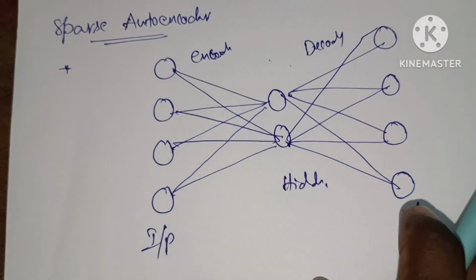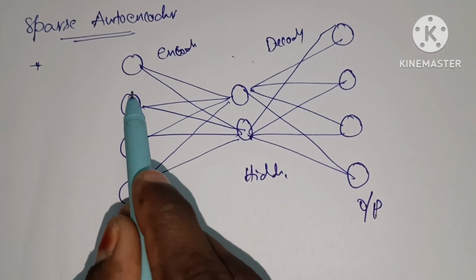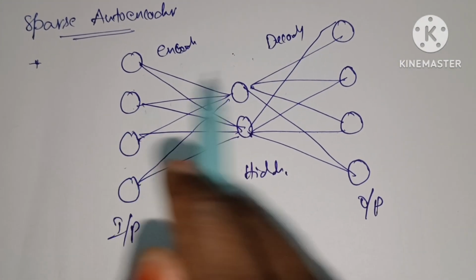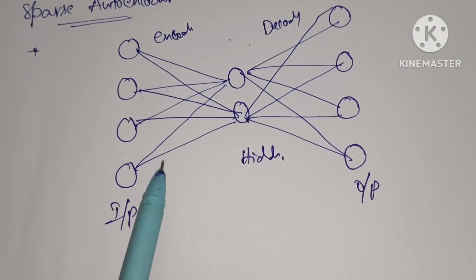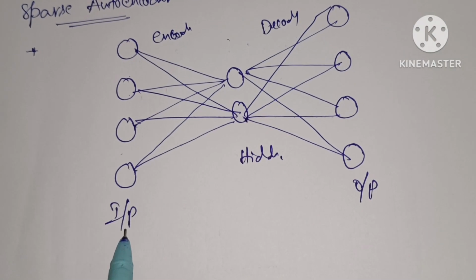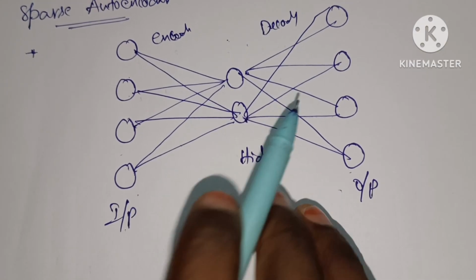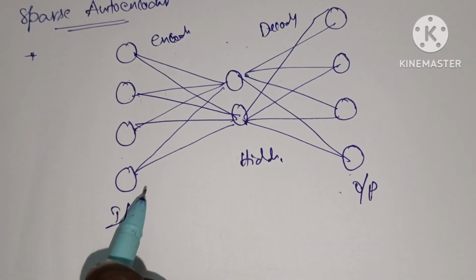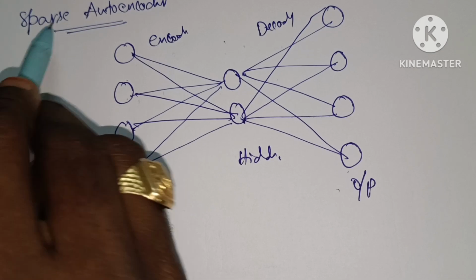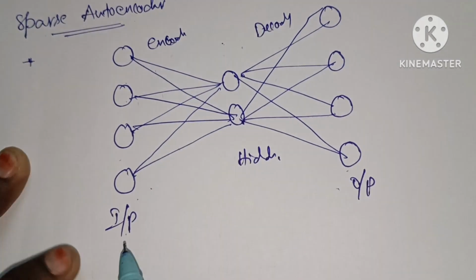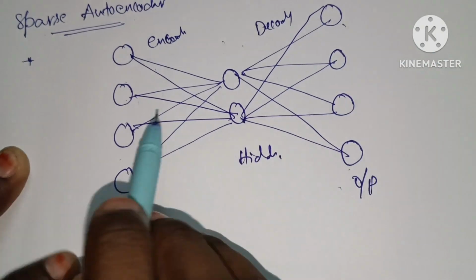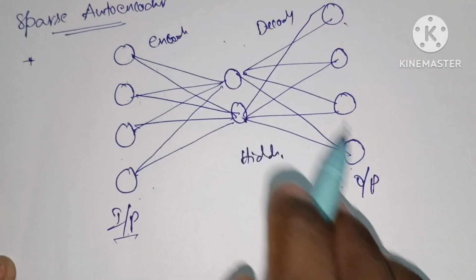Sparse autoencoder means if any node is changing, or if any node is penalized, there is no problem; the input and output are always the same. In that situation, sparse autoencoders are used. Generally, here four nodes are there in the input, and the output also has four nodes. Then we can say it is a simple autoencoder.